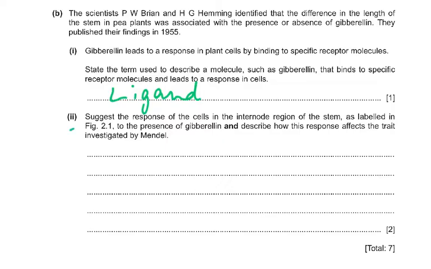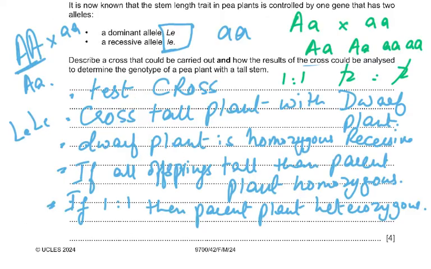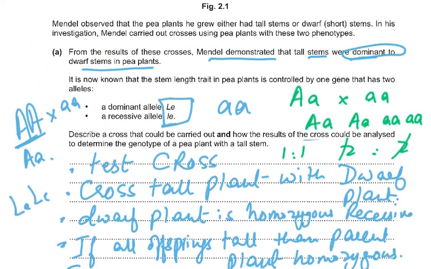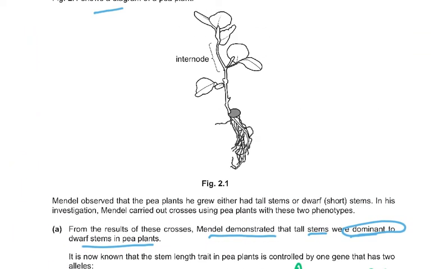Then 2b part 2 suggests the response of the cells in the internode region of the stem. You see, this is the stem, and then there is this branch coming out here and the branch coming out here. Now this is the area which is called the internode. Suggest the response of the cells in the internode region of the stem as labeled in figure 2.1 to the presence of gibberellin, and describe how this response affects the trait investigated by Mendel. So they've shown you here the internode.